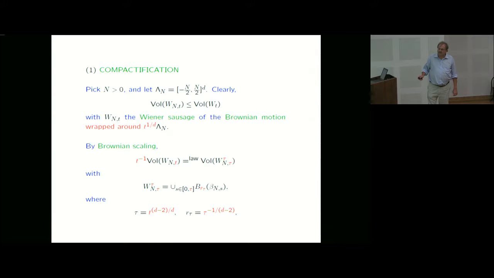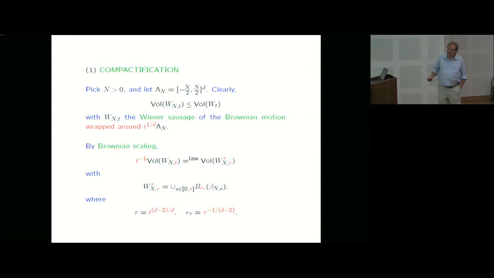So by space-time scaling, and you can do it on a piece of paper for yourself, this object is equal in law to that object, and that object is a Brownian motion on this small box running up to a time tau, and tau would be, after you've done the scaling, t to the (d-2)/d.